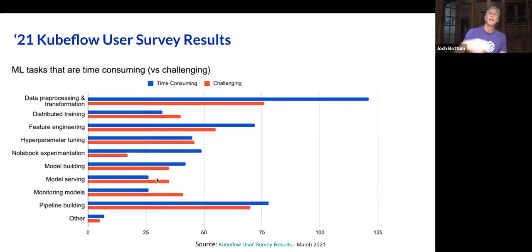If we double click into this, it's interesting to see that data pre-processing, pipeline building, and feature engineering are more time consuming than technically challenging. But some of the other things people are trying to take on, like model monitoring, model serving, and distributed training, are more challenging than time consuming.